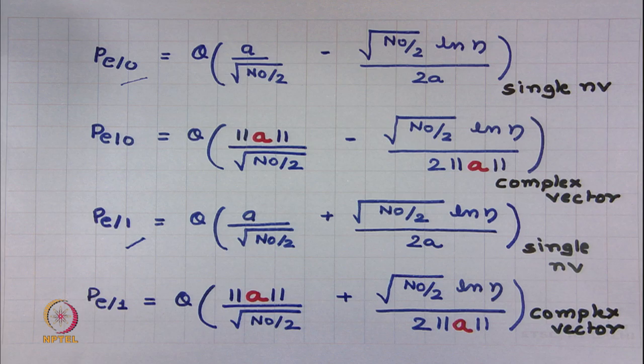Everything remains the same, other than we have norms popping up in this case, and we get the log likelihood ratio as 4 times the real part of the inner product of V with A, where V is the received vector and A is the transmitted vector, divided by N naught. And we have seen that the geometry is decided by the perpendicular bisector, which is bisecting the line connecting the two signal points.